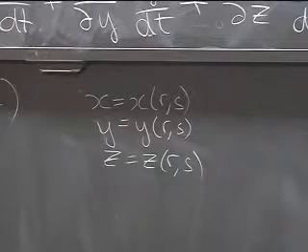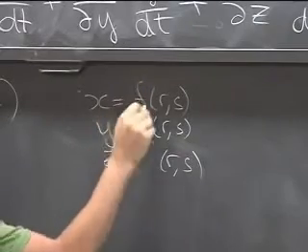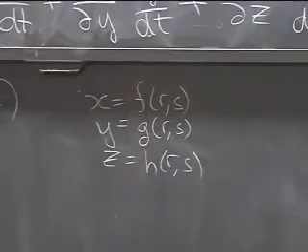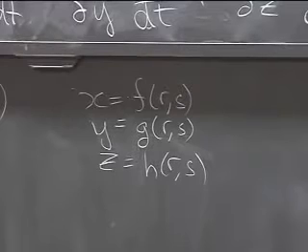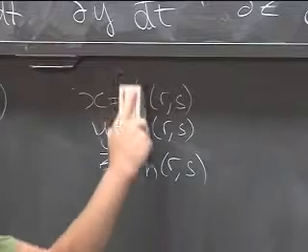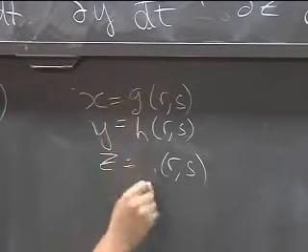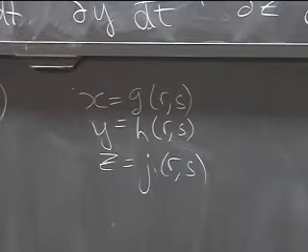Well, maybe in order to emphasize these functions, it's cleaner to write them as, say, f, g, and h. Because otherwise you get confused about these x's and y's. Actually, f, g, and h is a really bad idea, because we've got an f already. So I'm going to call them g, h, and j. Sorry about that. I've already used the f here.